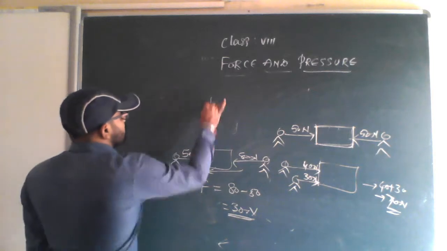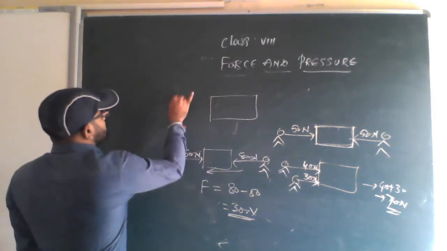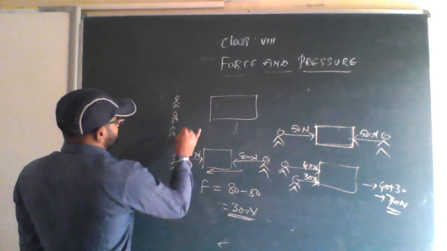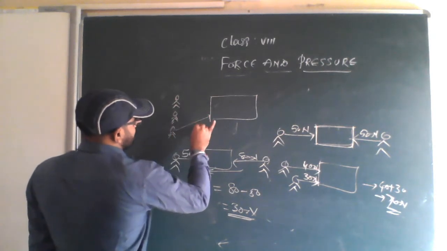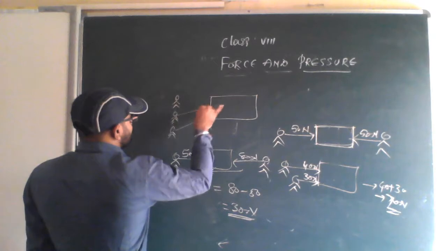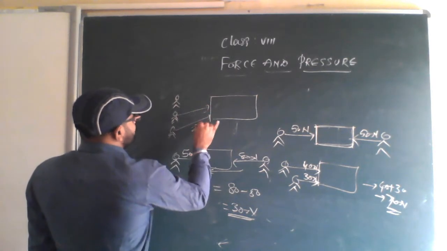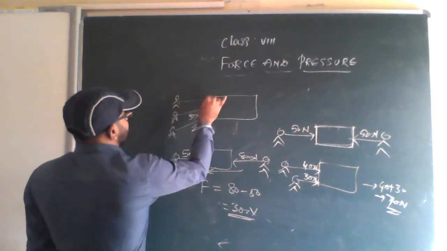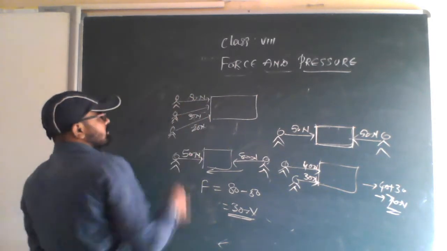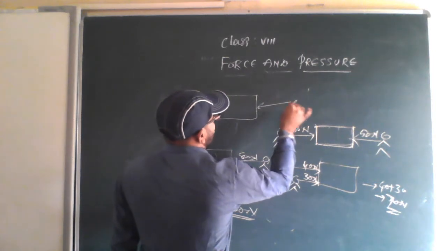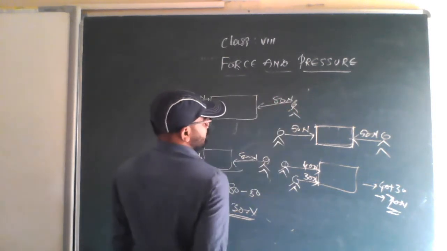For example, if the object is here, now I will make it a clear concept. There are three people: one is applying force 30 Newton, another 50 Newton, another 20 Newton. Here only one person is applying the force, say 80 Newton.